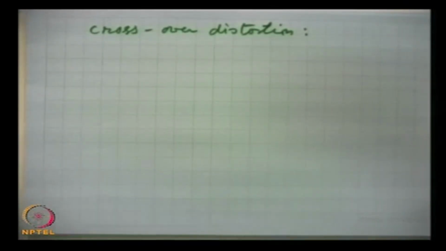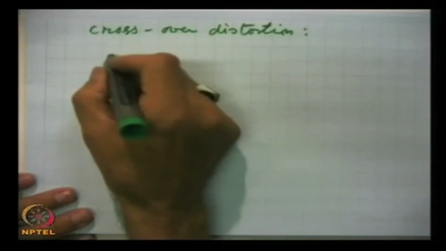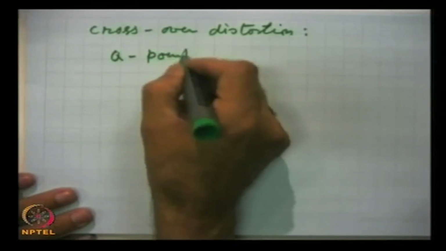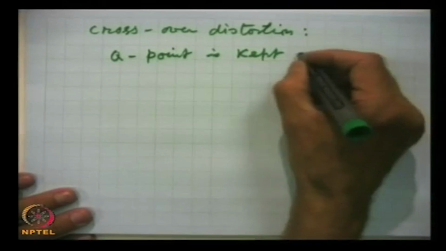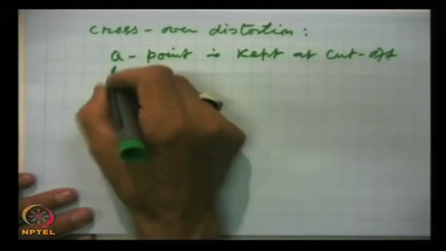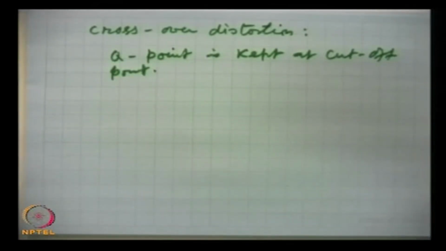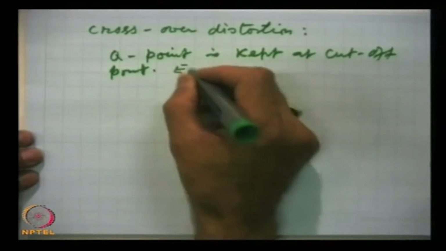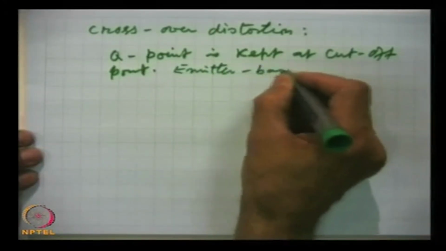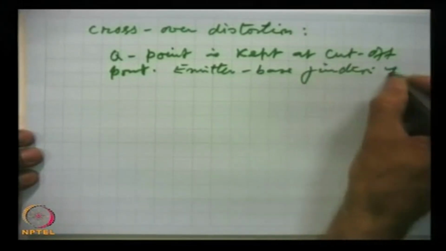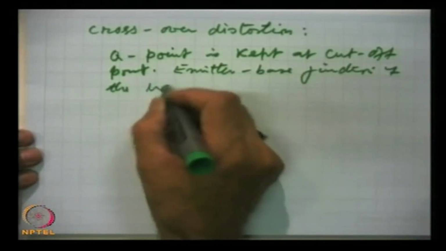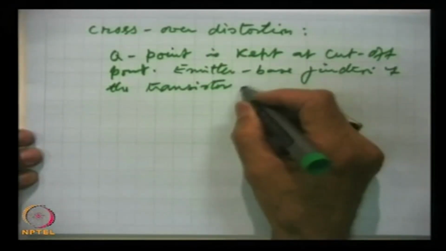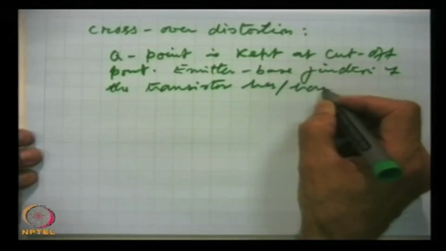In class B operation, the cutoff condition is achieved by keeping the Q point, the operating point, at the cutoff point, and at this point the emitter base junction of the transistor has, or both have, 0 bias.